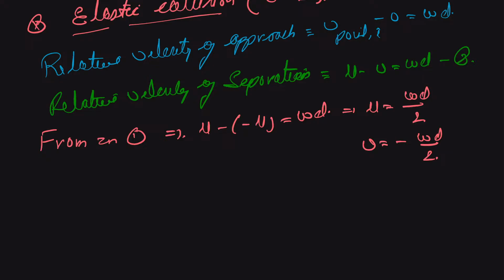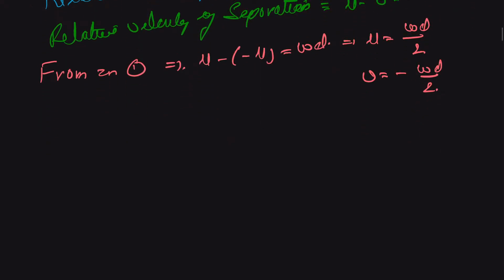Now this is the respective velocity of our stick as well as our ball, and we have to keep in mind that our stick is not rotating. So there is no rotational motion basically in the stick.